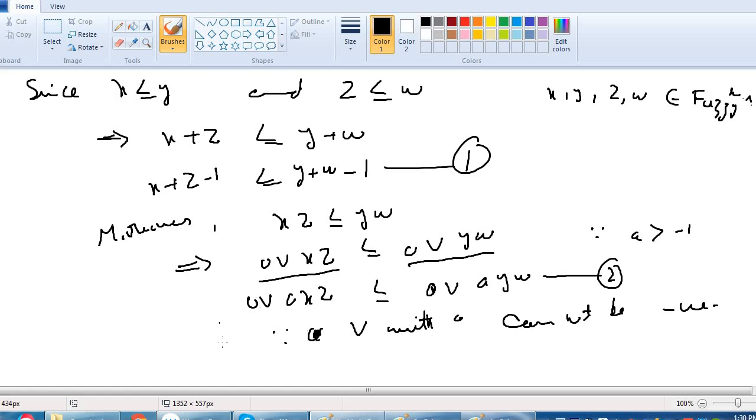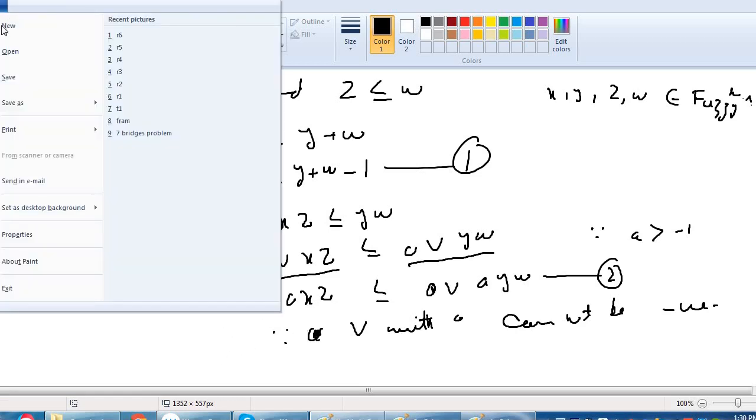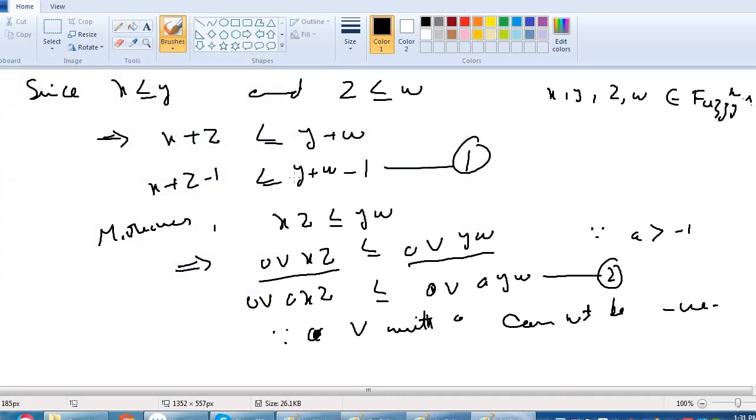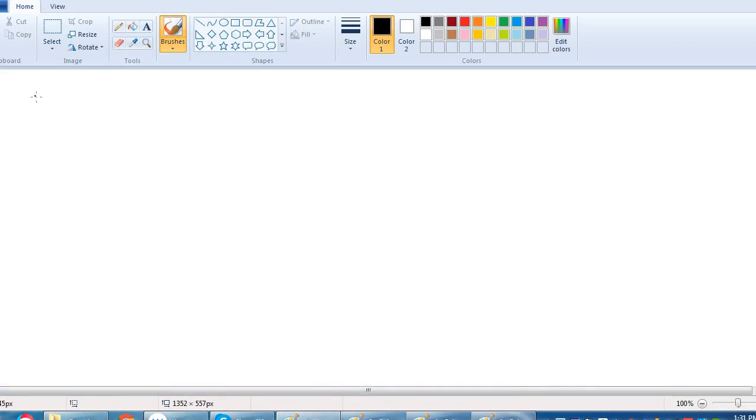Now we add equation 1 and 2. If we add these two conditions, x plus z minus 1, we add it with axz, and the 0 union is outside, take it as 0 union.